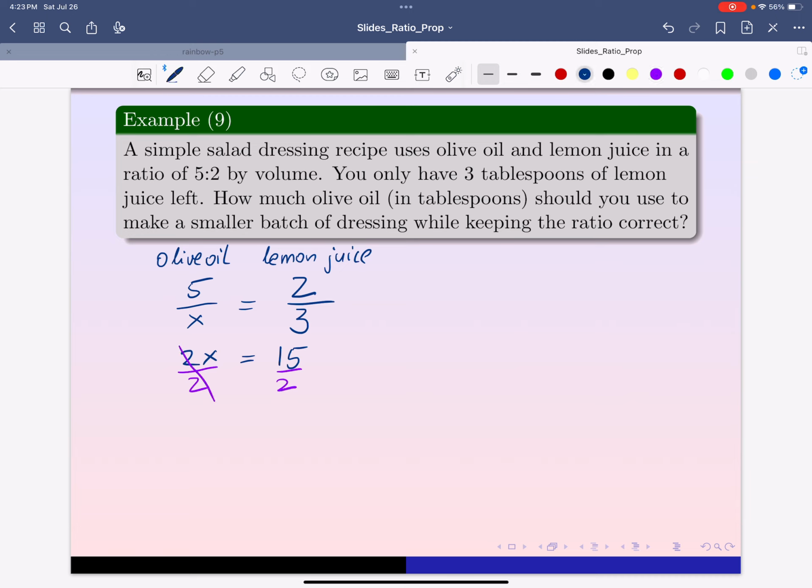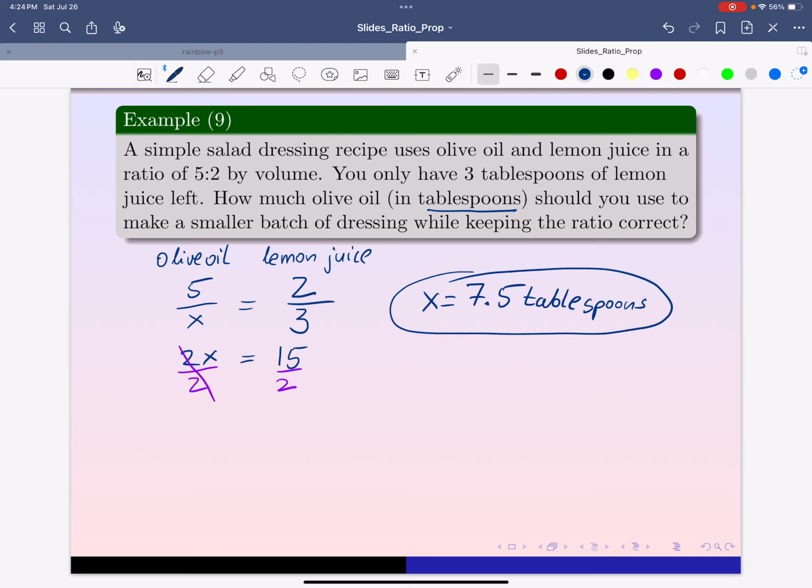So my x is equal to 7.5. So we need 7.5 tablespoons of olive oil to keep the correct ratio.